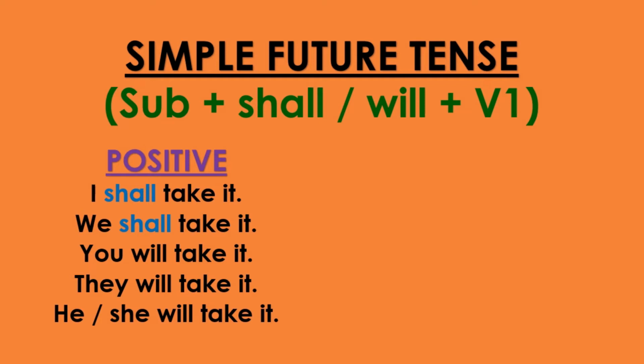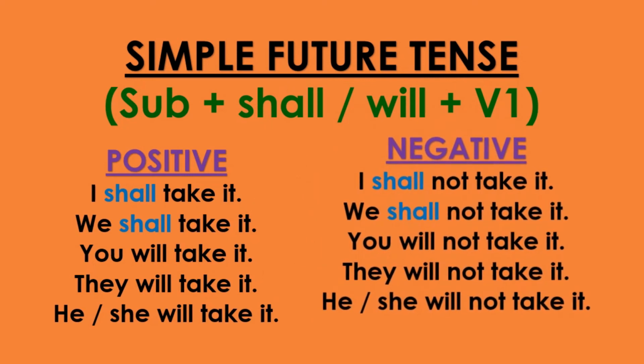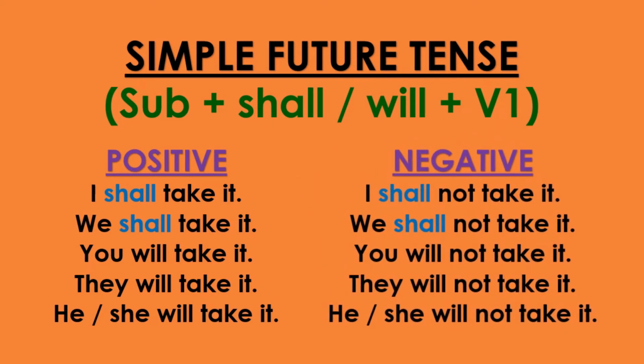Now when we transform these sentences into negative, let us see what happens. Now these are the same as the previous ones. It is a matter of adding not. So the sentences are, right from the beginning, I shall not take it, we shall not take it, you will not take it, they will not take it.